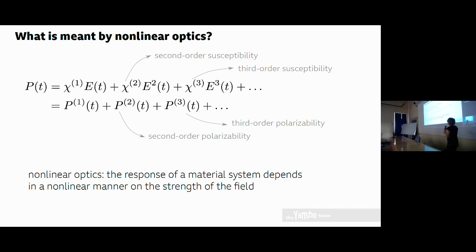You see here that the polarization has this linear term, but also a quadratic term, a cubic term, and so on. So I will have a first order polarization, and then a second and a third, and correspondingly a second order susceptibility and a third order susceptibility, and so on.